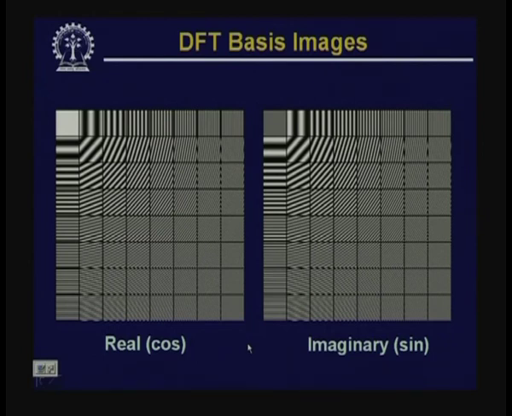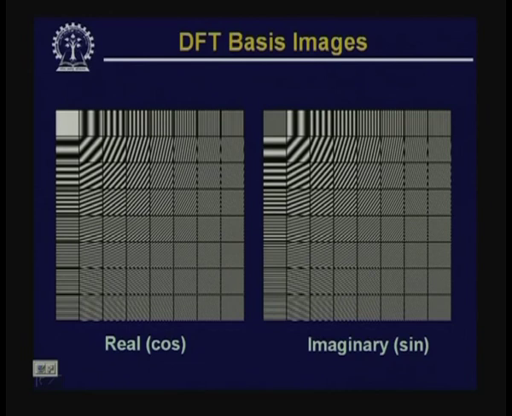So, here you find that we have shown two images. We will see later that these are the basis images of dimension 8 by 8, and there are a total of 8 into 8, that is 64 basis images.